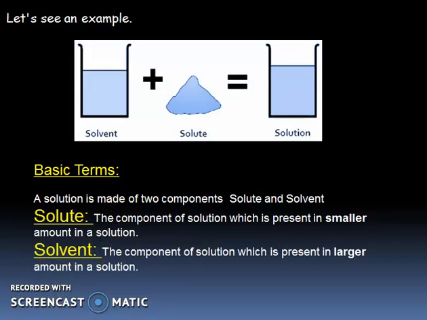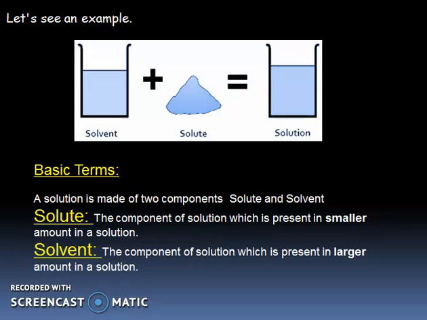Some of the basic terms used in this chapter related to solution are solute, solvent, and aqueous solution. A solution is made up of two components, solute and solvent. So what is a solute? A solute is the component of a solution which is present in a smaller amount, and a solvent is the component present in a larger amount.